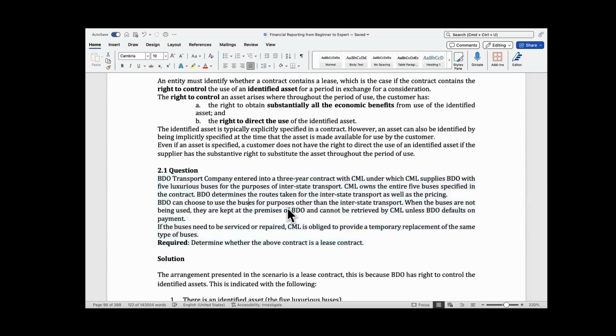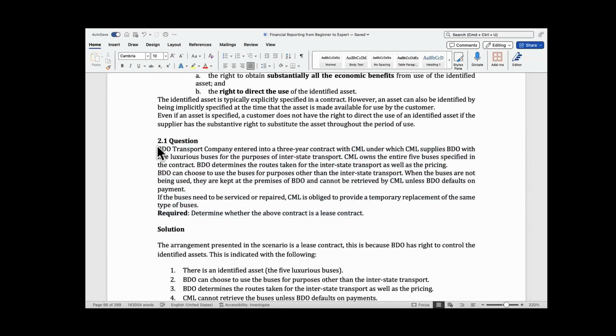So let's look at this very simple one, similar to the scenario I've given you earlier. It says the video transport company enters into a 3-year contract with CML, under which CML supplies it with 5 luxurious buses for the purposes of interstate transport. From this first sentence, video is the lessee, while CML is the lessor.